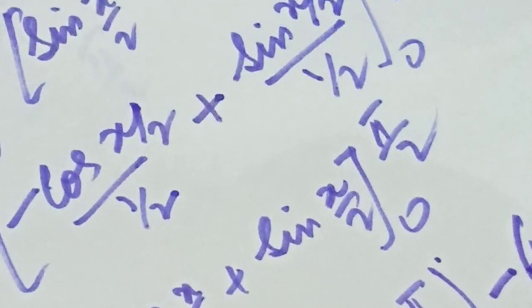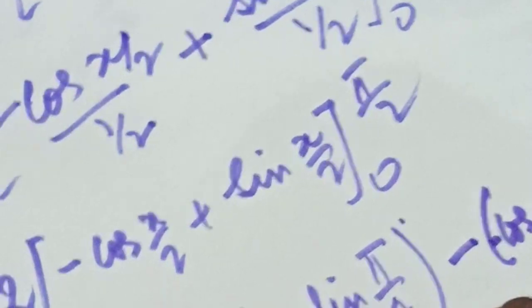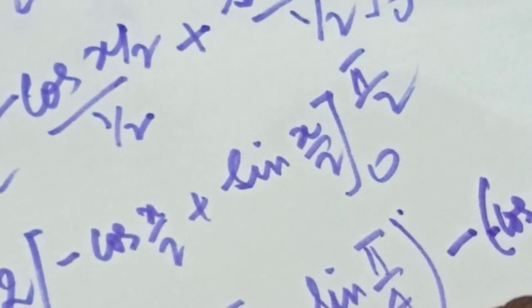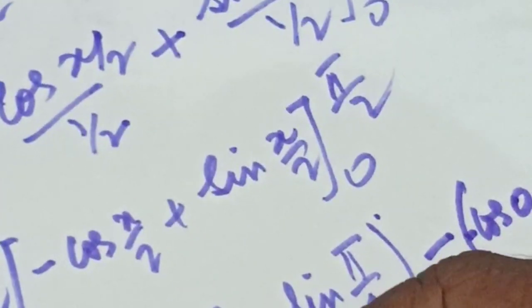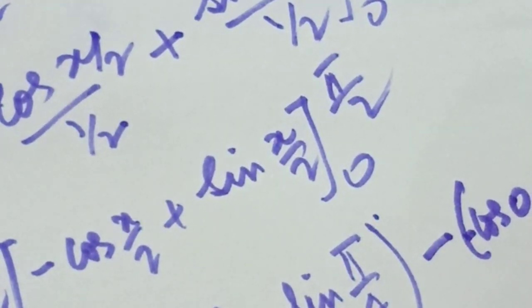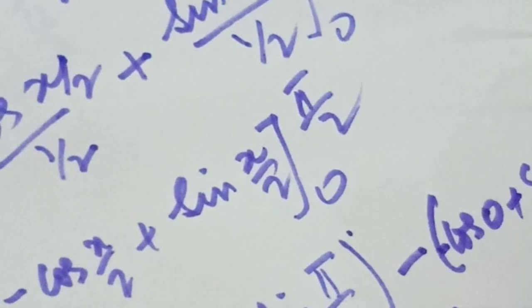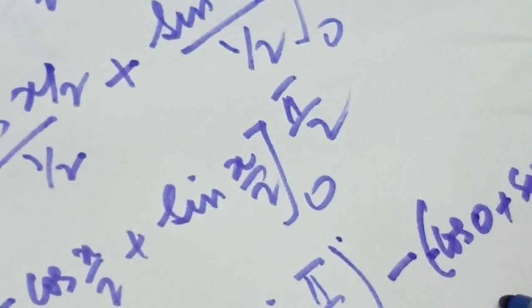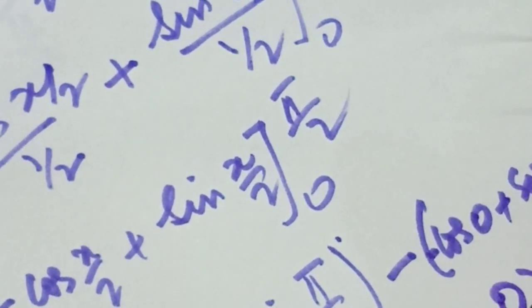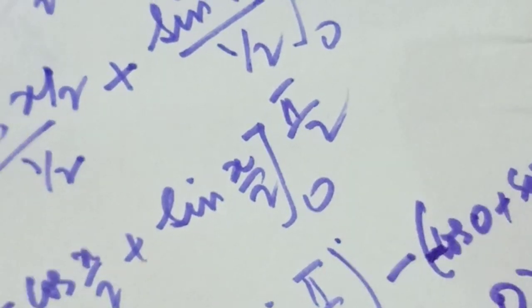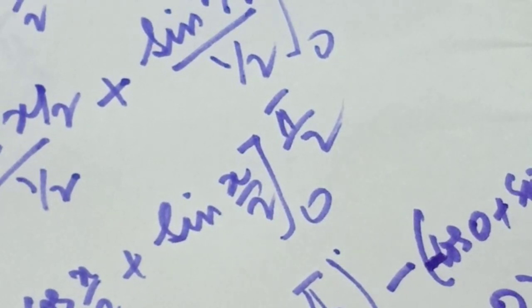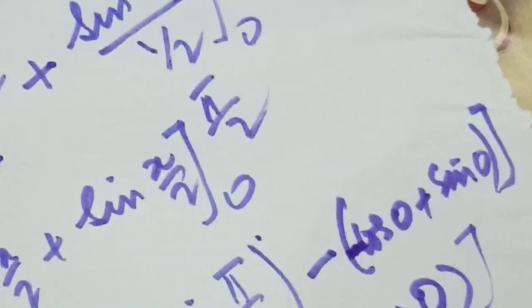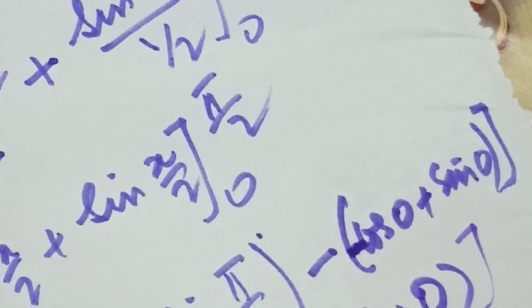This is 2 times 1 by root 2 minus 1 by root 2 plus 1 by root 2, that is 0. Minus cos 0 is 1, plus sin 0 is 0. This is minus cos 0. So this becomes 2 into 1. This is 0, this is plus 1. So 2 is the answer.